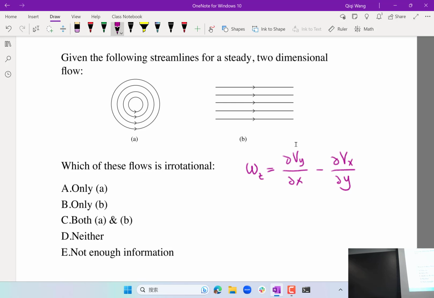Yeah, because any velocity at all, even if non-uniform, is still rotational. But B is a special case where you can have them all have the same magnitude.